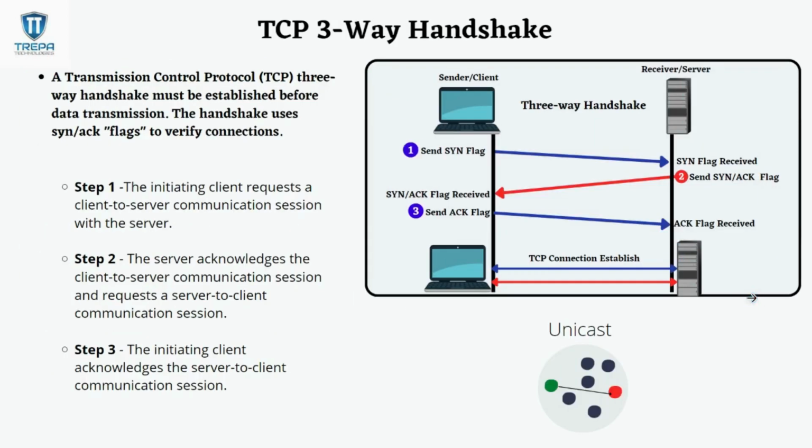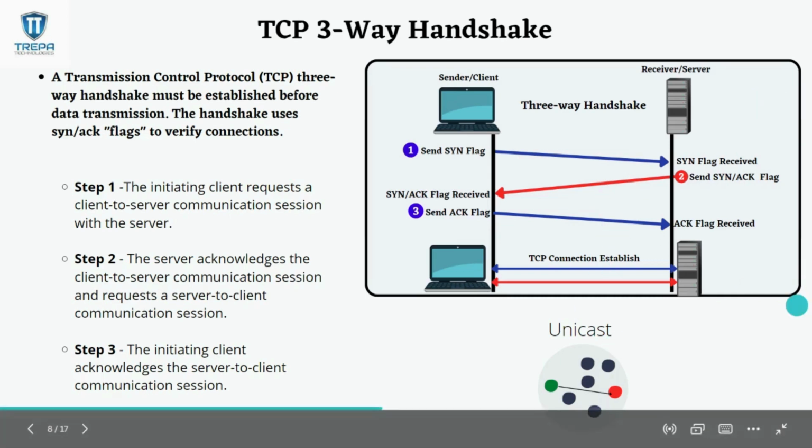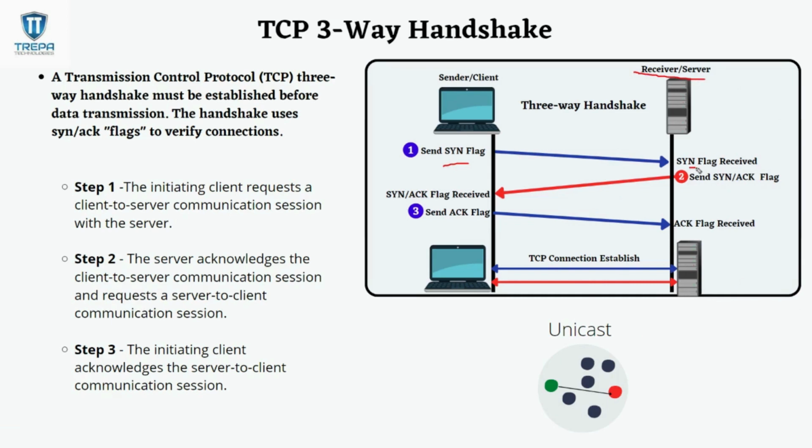So here we go, the TCP three-way handshake. The transmission control protocol three-way handshake must be established before data transmission, meaning the handshake is going to use our SYN and ACK flags between client and server, sender and receiver, to verify the data connection before we start sending our payloads, right? So step one, the sender or client is going to send a SYN flag initially to the server or receiver.